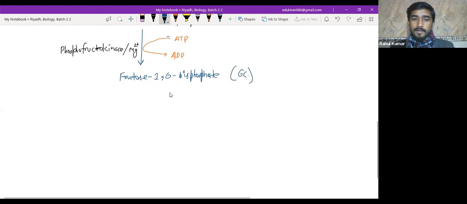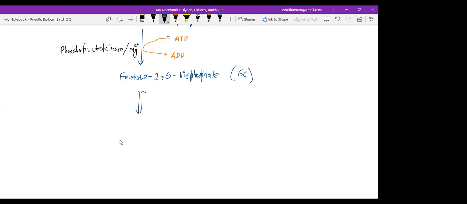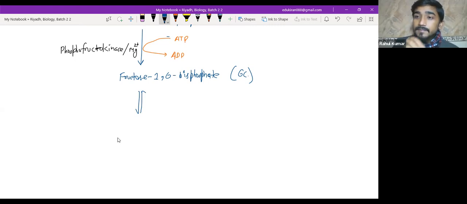Let me go a little down. Now what happens? This fructose 1,6 bisphosphate undergoes a change where it becomes... what was the first stable product when we were fixing CO2 in the Calvin cycle?